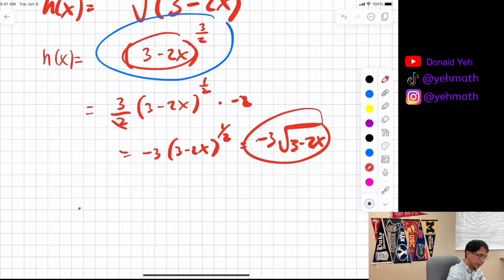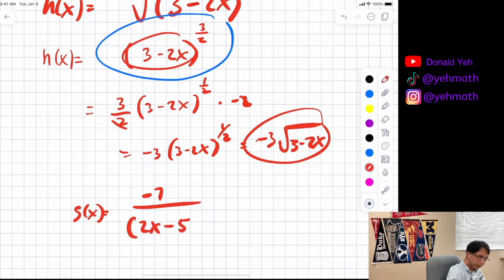Remember we talked about this when you have a constant on the top? Actually, hold on, let me change it a little bit.